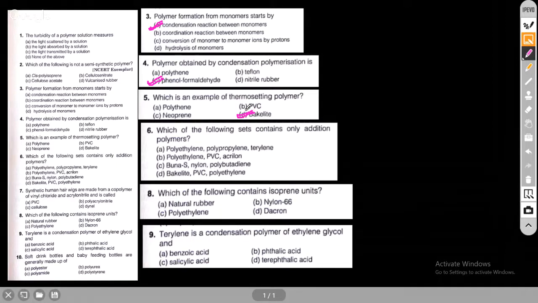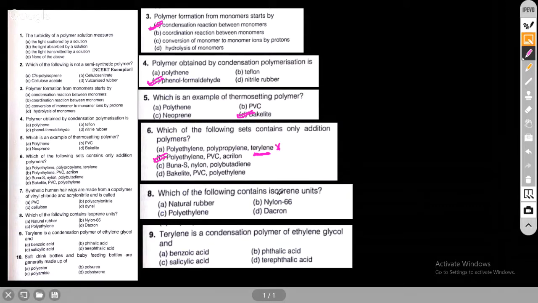Which of the following sets contains only addition polymers? Polythene we have, then PVC, acrolein. So terylene is not an example of an addition polymer. This one is not. Option B is correct here.